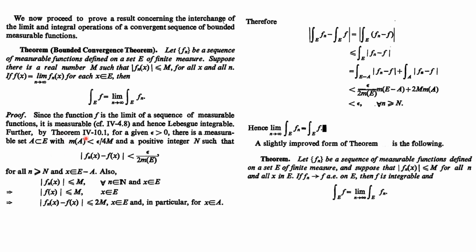Now by this theorem, I will explain in the next slide. This theorem says whenever we have a sequence of measurable functions defined on a set E of finite measure, pointwise convergent, then for given epsilon there is a measurable set A, subset of E, with measure of A very small.